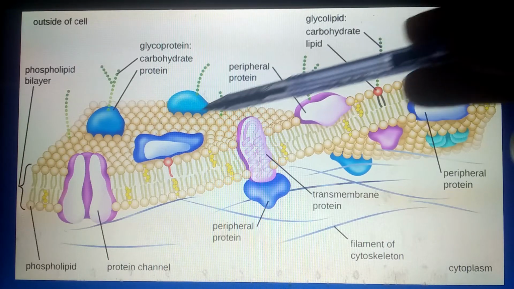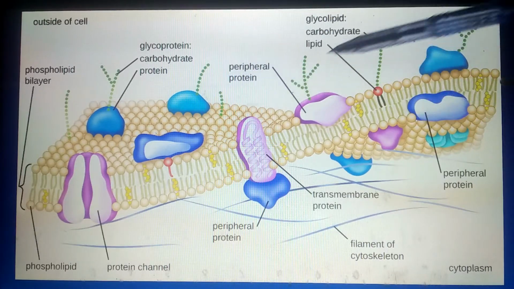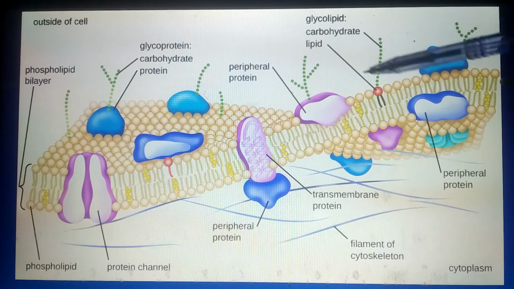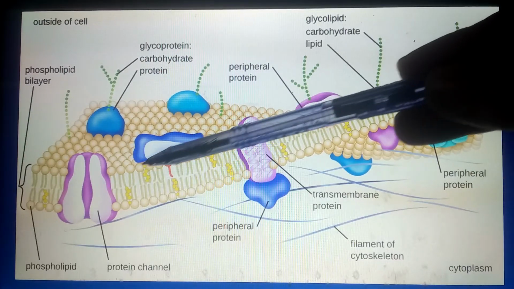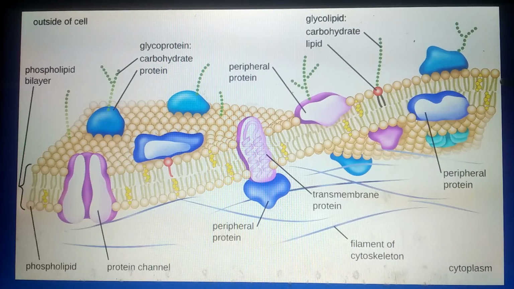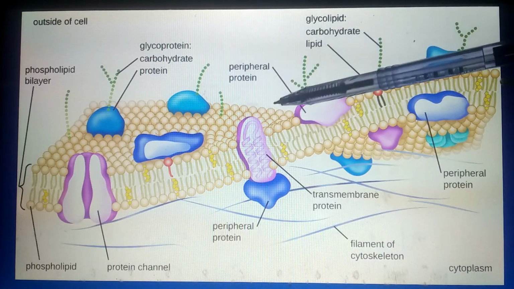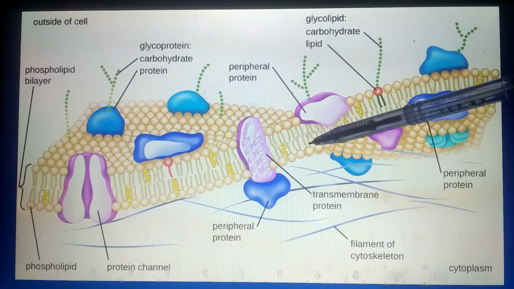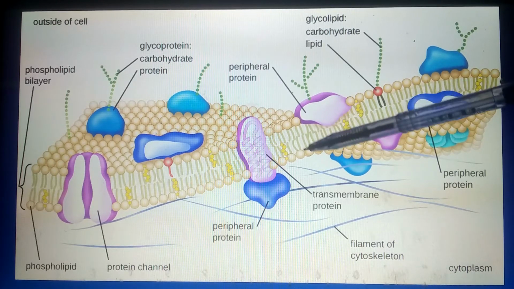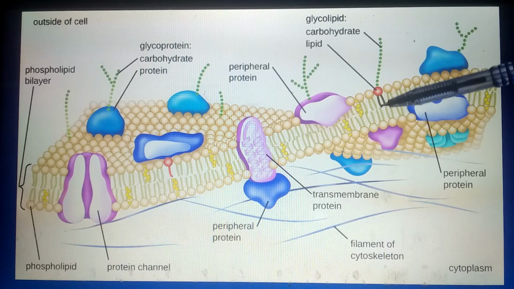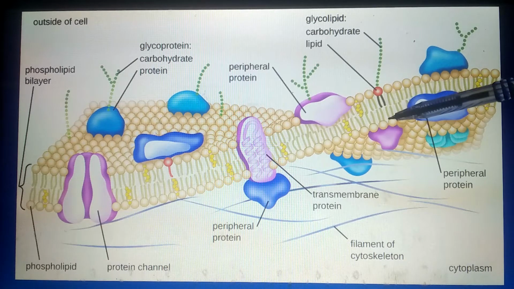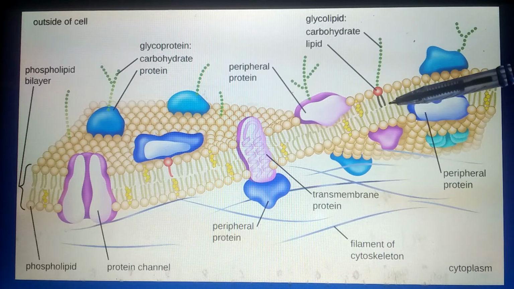You can see the peripheral proteins and the oligosaccharides, meaning carbohydrate chains, and you can see the channel proteins which help in the transport of different ions, because the cell membrane is a selectively permeable membrane. This lipid bilayer membrane allows selective movement of substances through it.